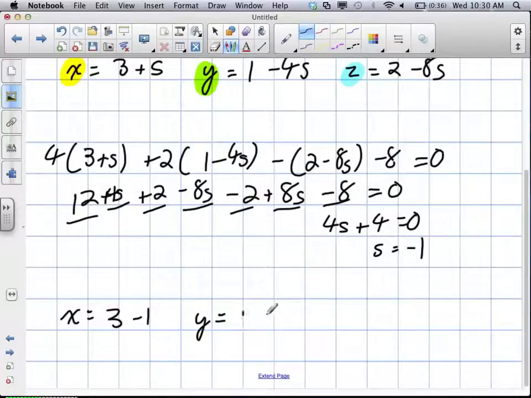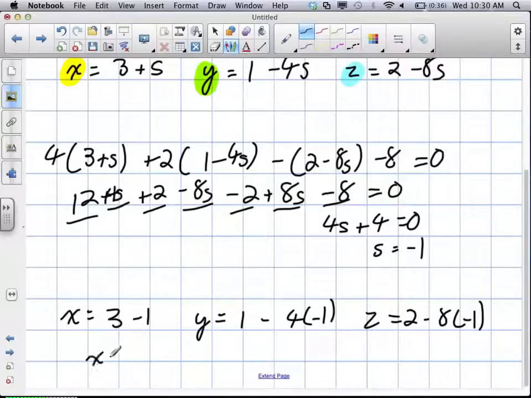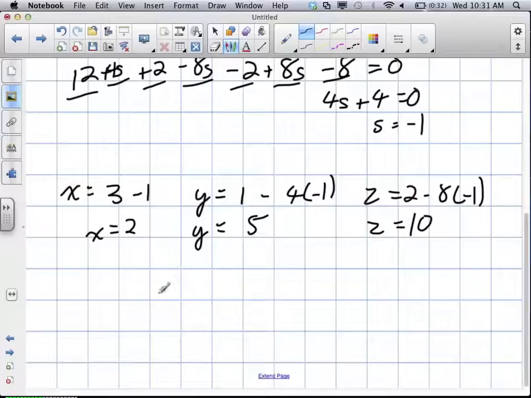Y will be 1 minus 4 times -1. And z will be equal to 2 minus 8 times -1. In this case, we get x equals 2. Y is equal to 1 plus 4 is 5. And z is equal to 10. So we've just discovered that this line crosses the plane at the point of 2, 5, and 10.